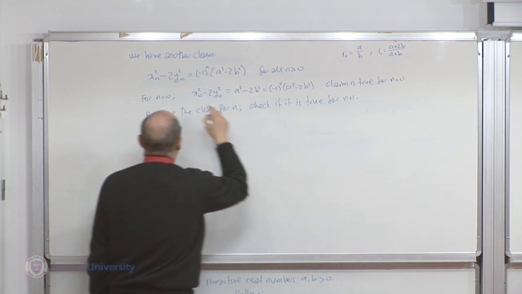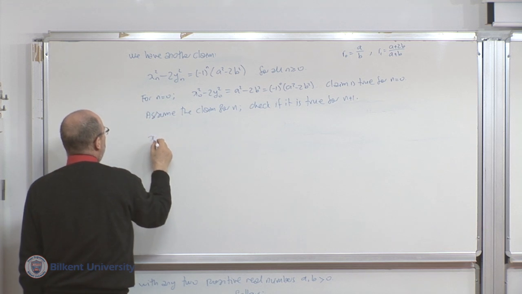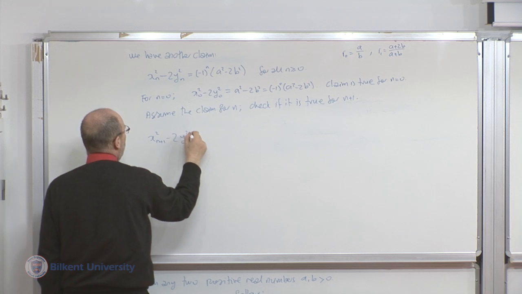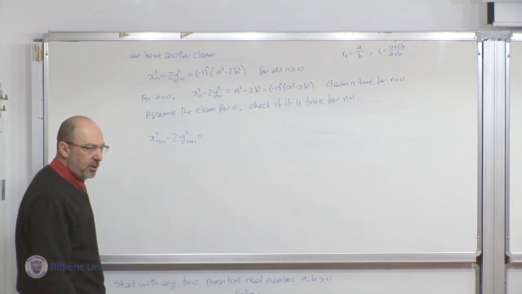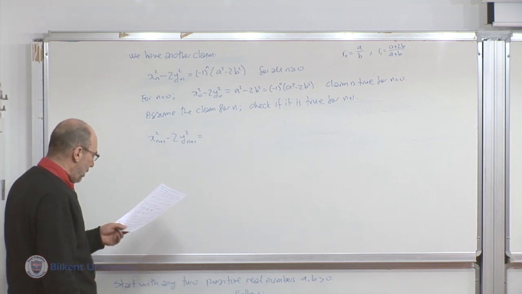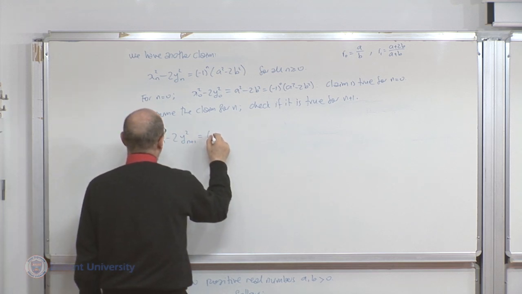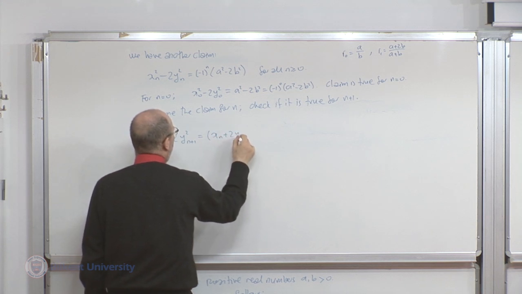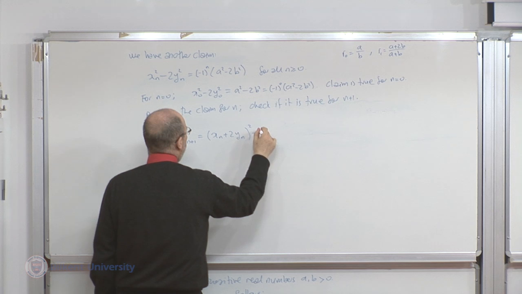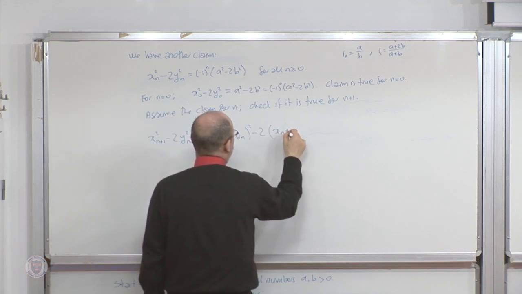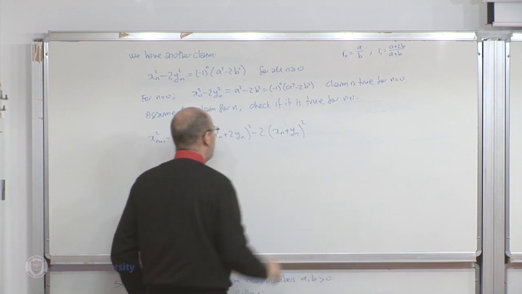Now for n plus 1, I'm trying to understand x(n+1)² − 2y(n+1)². Okay, so this is what I want to understand. Now for these things, I have the rules: x(n+1) is equal to xn + 2yn, and I also have a formula for y(n+1), which is xn + yn.